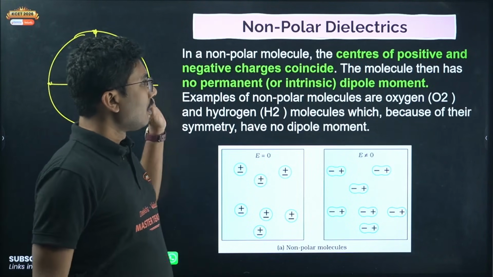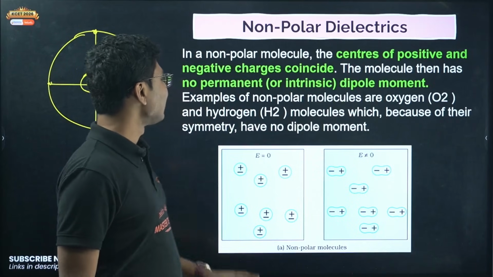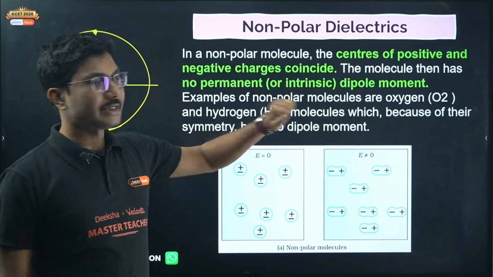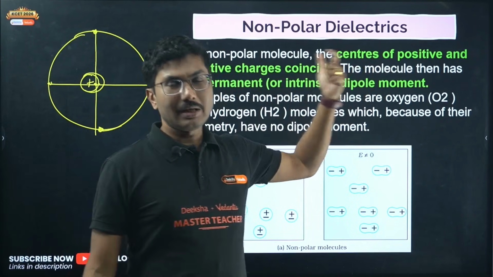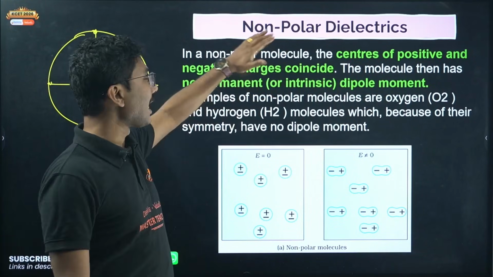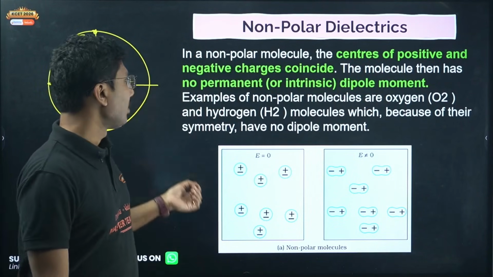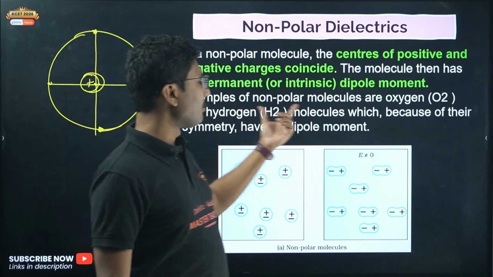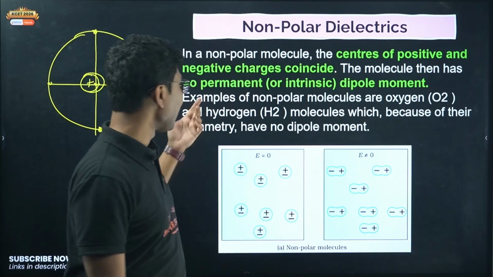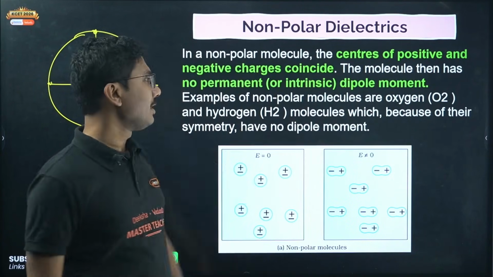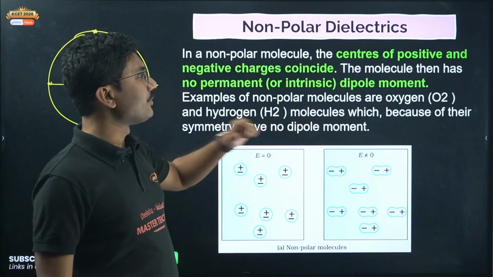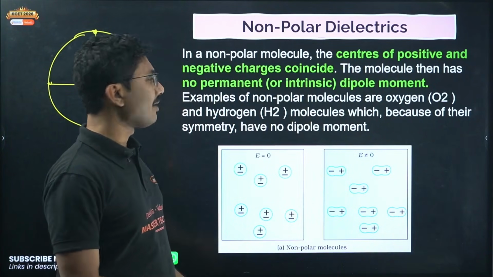The molecule then has no permanent or intrinsic dipole moment. At the molecular level, the dipole moment of a non-polar dielectric is 0. Examples of non-polar molecules are oxygen, hydrogen, and carbon dioxide. Because of their symmetry, they have no dipole moment.